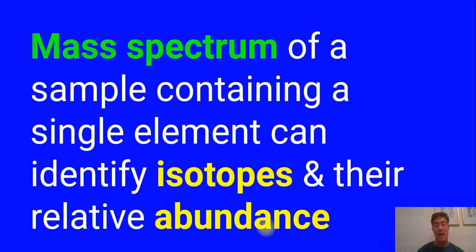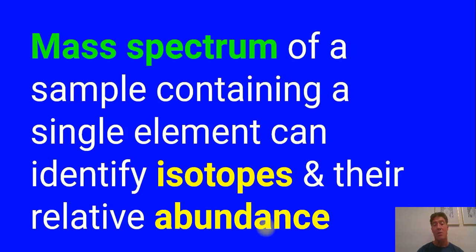So an isotope has the same protons as any other atom of that element, but it might have a different number of neutrons, in which case it will have a different mass. And that's what isotopes are. They are variations of an element based on their different weights.